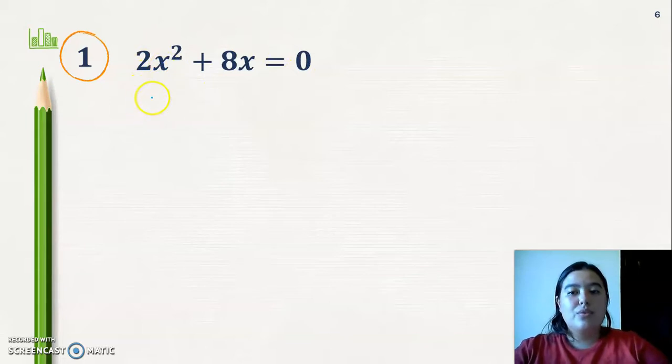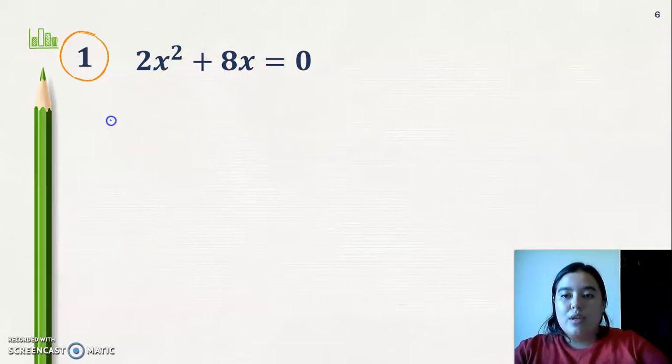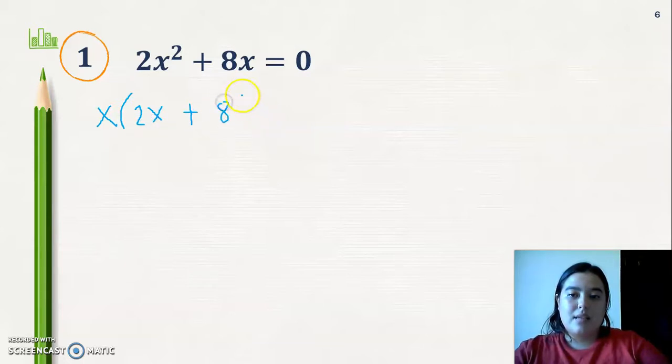We have to look for a number that we can multiply and give us the same equation. So, for example, if we use x times 2x plus 8 equals 0, if you multiply, it gives us the same equation.